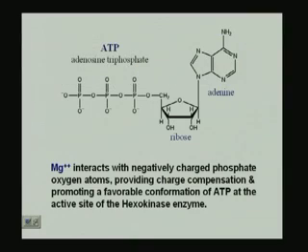Magnesium interacts with the negatively charged phosphate oxygen atoms and provides charge compensation, and also promotes a favorable conformation of ATP at the active site of the hexokinase enzyme. We're not going to look at the details of how the enzyme works, but we have magnesium so that the ATP can interact favorably with it, because we are finally going to break the final phosphate bond here.